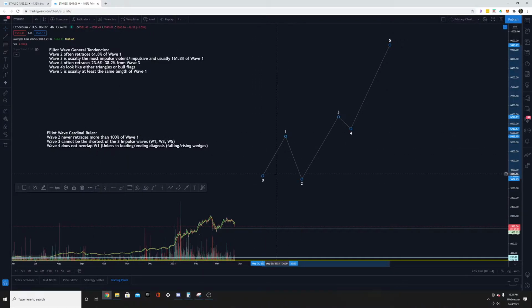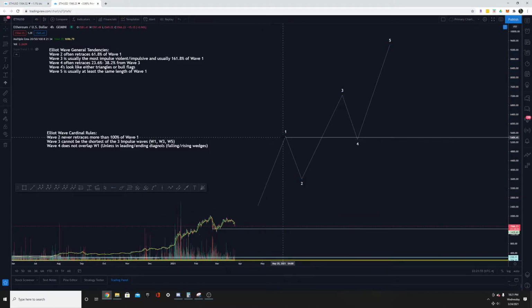And then wave 4 does not overlap wave 1. So wave 4 can't be like this. It cannot overlap, or it is invalidated. Whenever I say it's invalidated, it's because wave 4 is entering wave 1 territory. Like that.